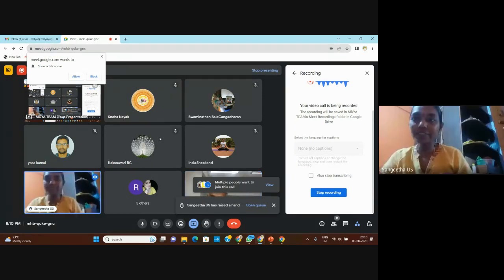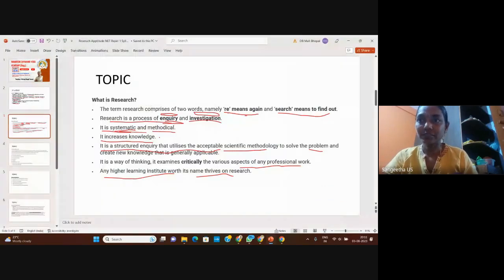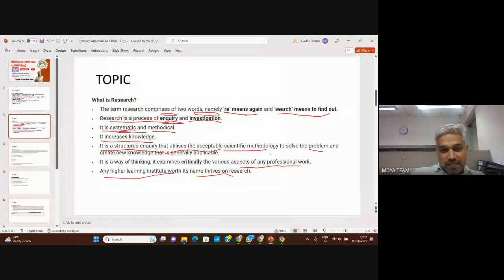So in research, we state a problem statement for which an answer is sought. Correct. Right. So the problem is the hypothesis which we choose to solve in a research. So this is about the word research.